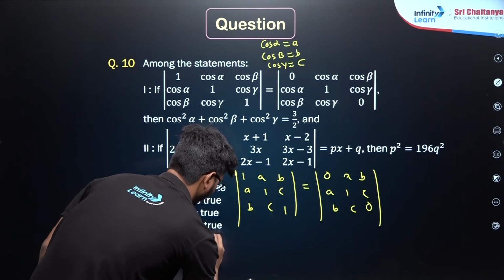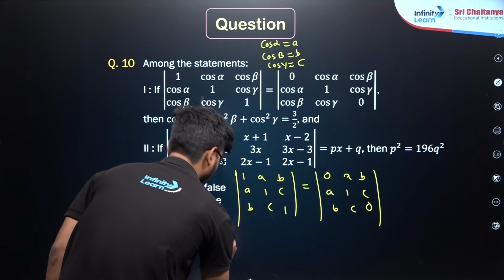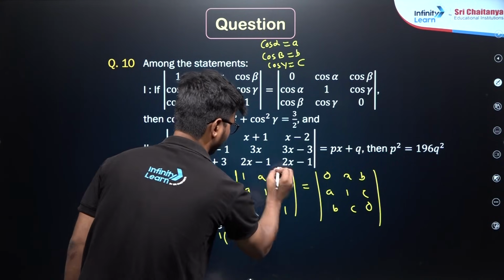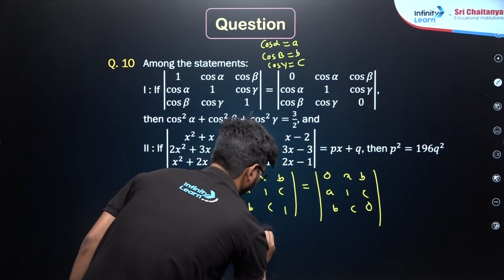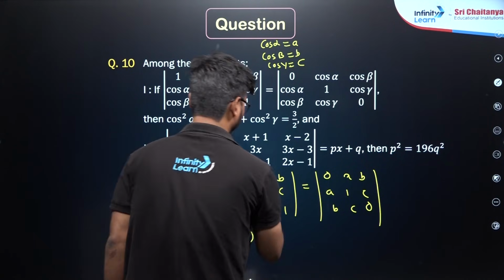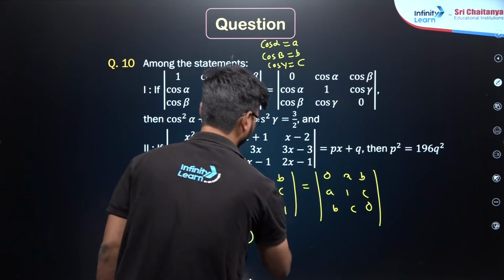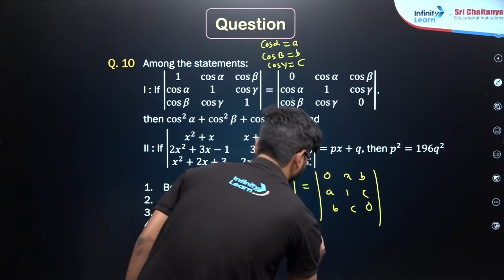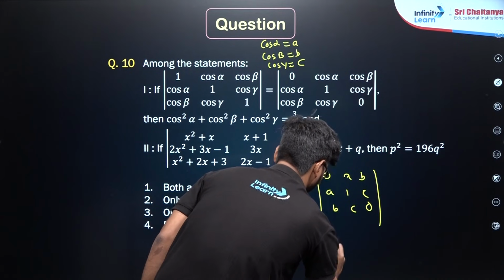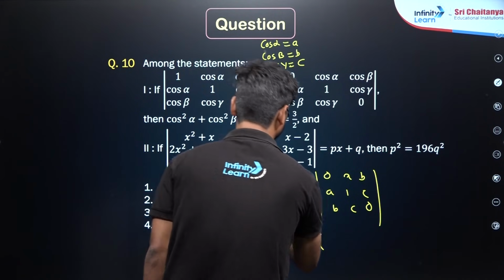So if we solve this, we are going to get 1 times (1 minus C square), minus A times (A minus BC), plus B times (AC minus B).